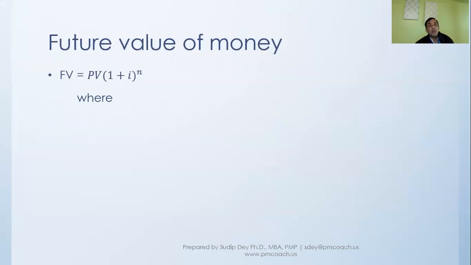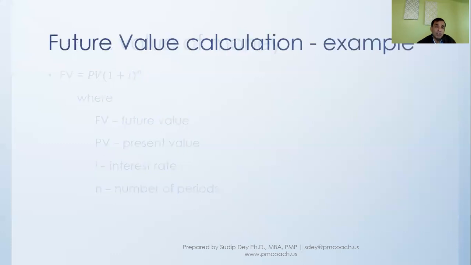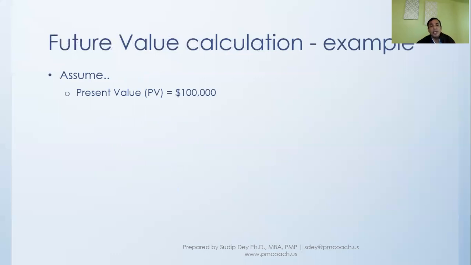The way we calculate is future value is equal to present value times 1 plus i to the power of n, where FV is the future value, PV is the present value, i is the interest rate, and n is the number of periods. So if we take this formula and put some numbers, let's say the present value is 100,000. So today we have 100,000.